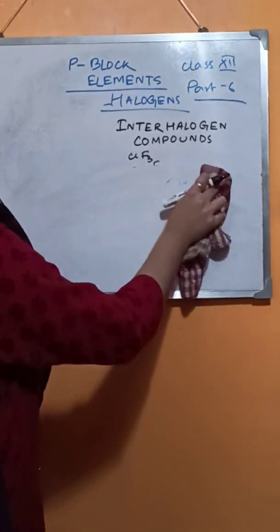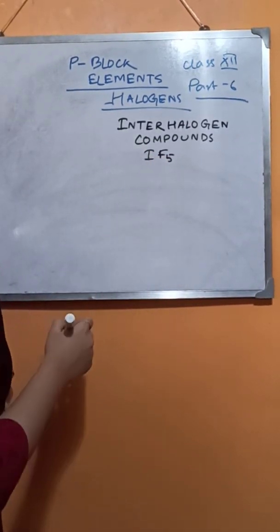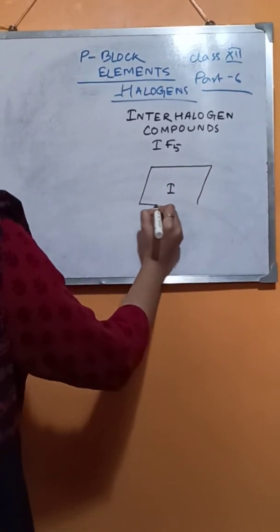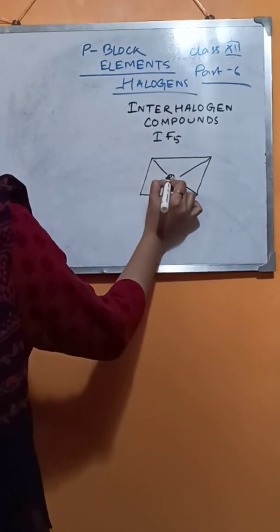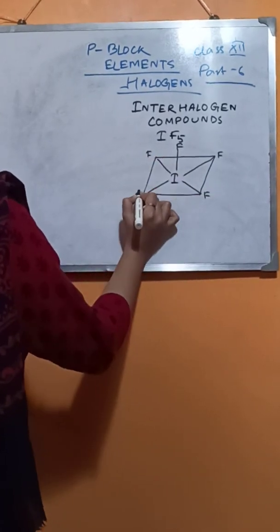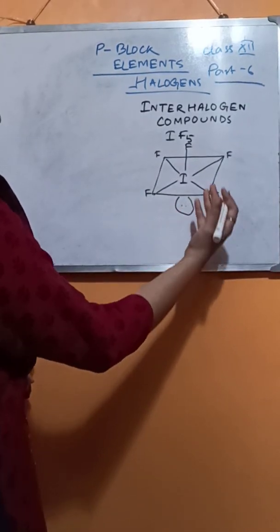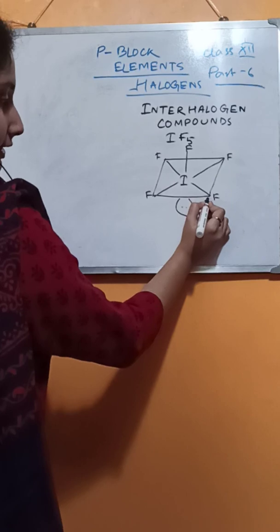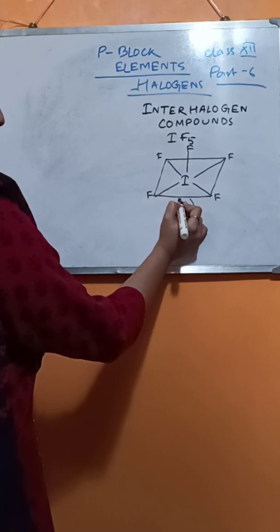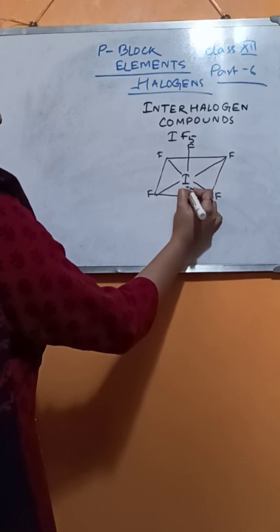The next compound is IF5. I is the central atom. Since this lone pair is below the plane, we can show like this, that this is the plane and this lone pair is below the plane.